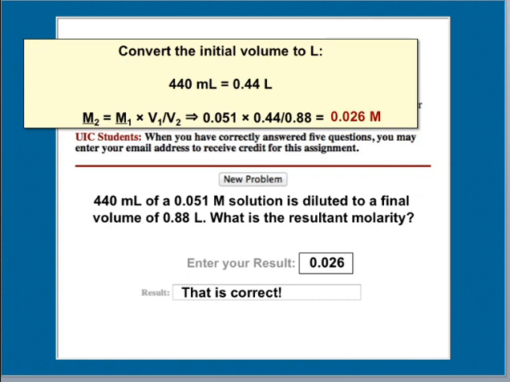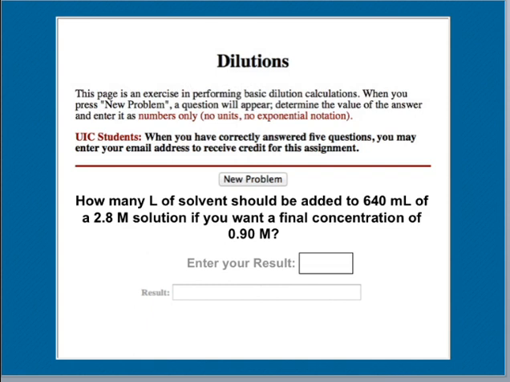Let's look at one more here. Go ahead and pick out the points here. Pick out your V1, C1s, and stuff like that. We're looking for liters here, right? We have 640 mils, 0.6 liters, that's V1. 2.8 molar, that's our initial concentration, C1.